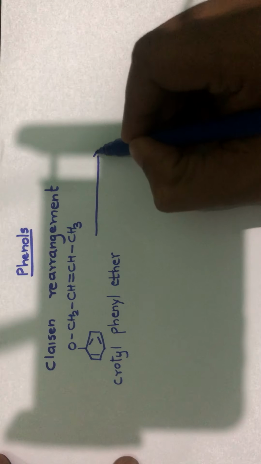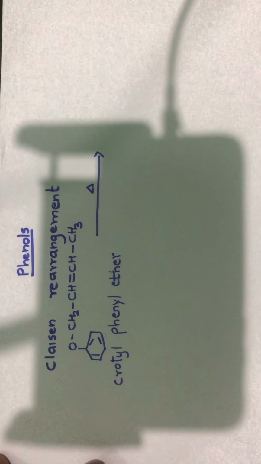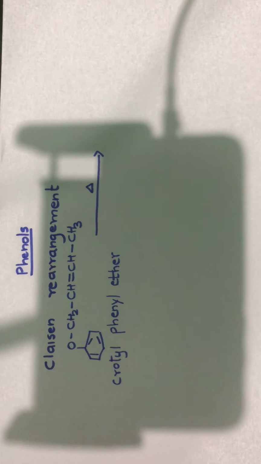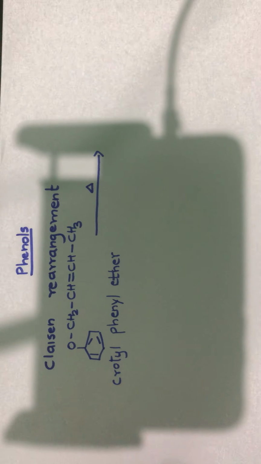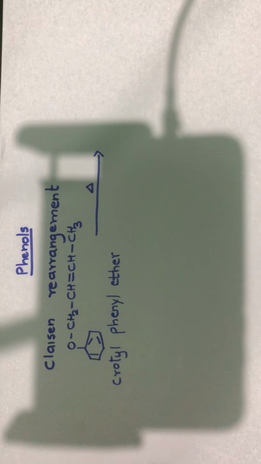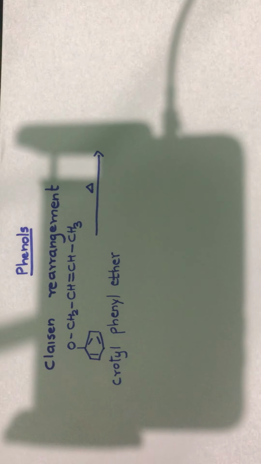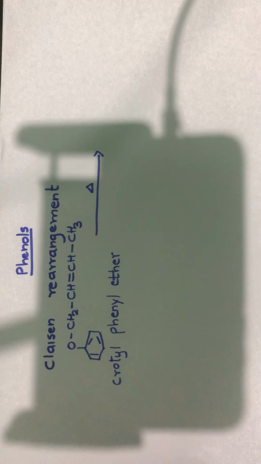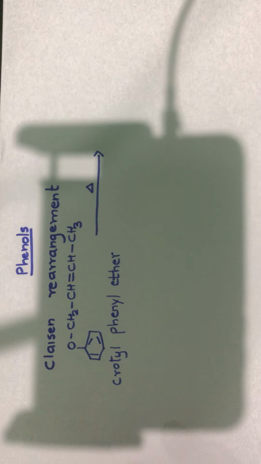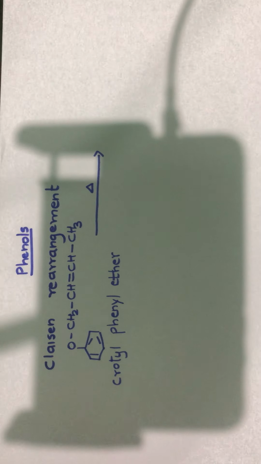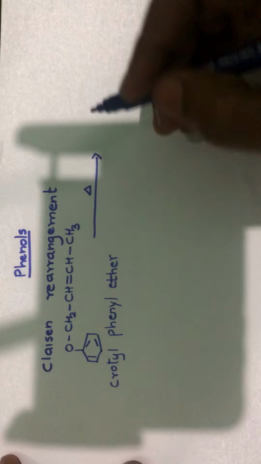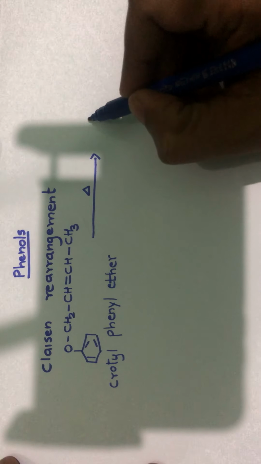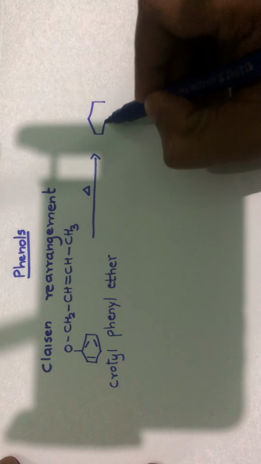When this is heated, this ether undergoes rearrangement to give ortho-methyl allyl phenol. This is what you are going to get. We'll see the mechanism later.